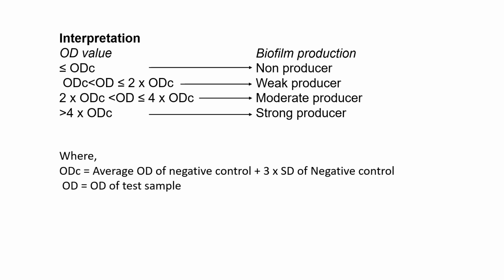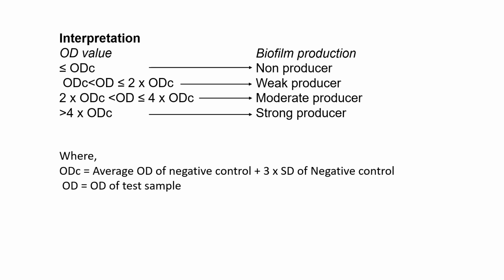For interpretation, we should know about the OD and ODC. OD means the absorbance of the test sample, whereas ODC means the average OD of negative control plus 3 times the SD of negative control. To interpret it, if OD is less than or equal to ODC, then it is considered a non-producer of biofilm.